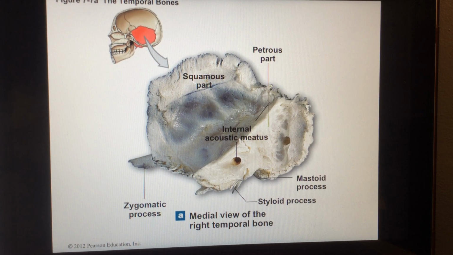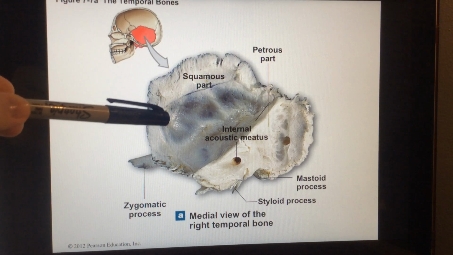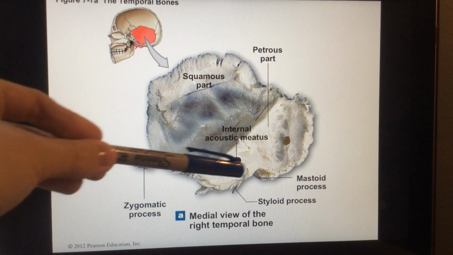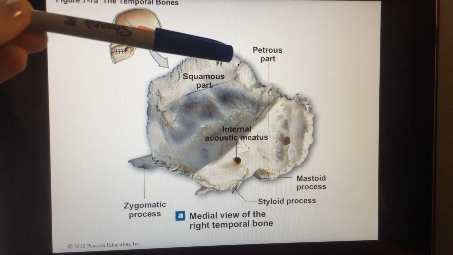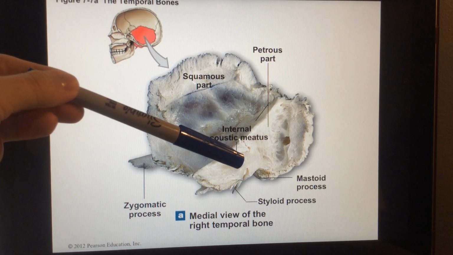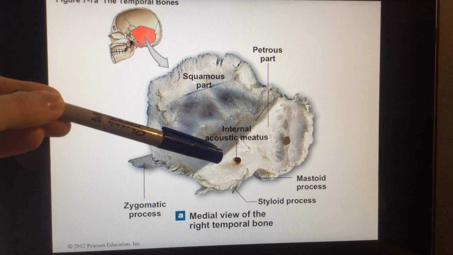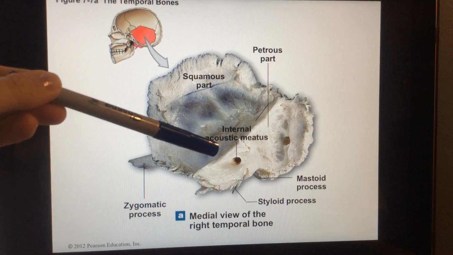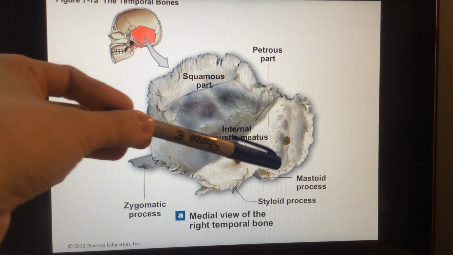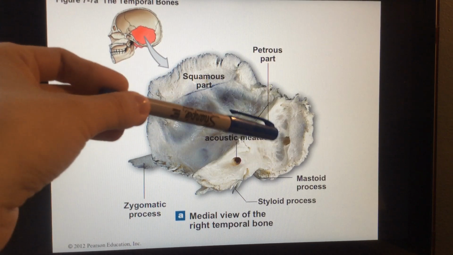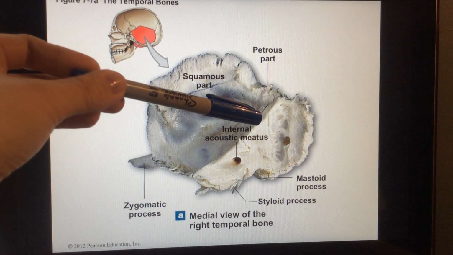Here you can kind of see the squamous part, the flatter part. It's kind of irregular shaped. And then the petrous part here, where you're going to have the internal acoustic meatus on the medial surface of the petrous part, containing the blood vessels and nerves of the inner ear, and then the middle ear is going to be located within this petrous part near the tympanic membrane, the eardrum.